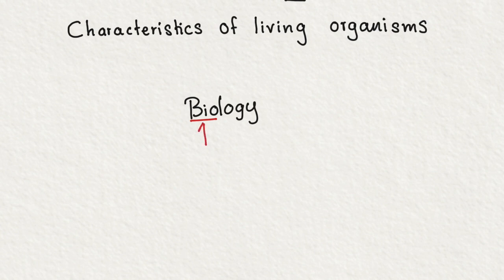So if you're going to study about life or living organisms, we first need to be able to identify or separate living organisms from non-living objects. So here in these lessons, we will see what are the characteristics of living organisms that help us to identify these living organisms.